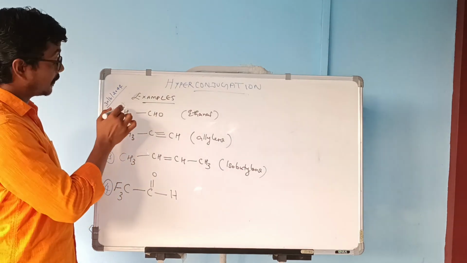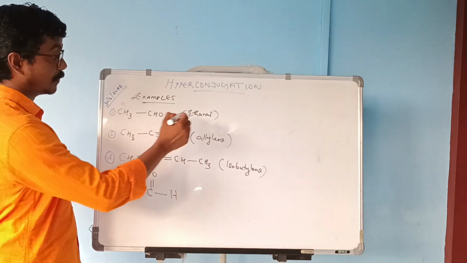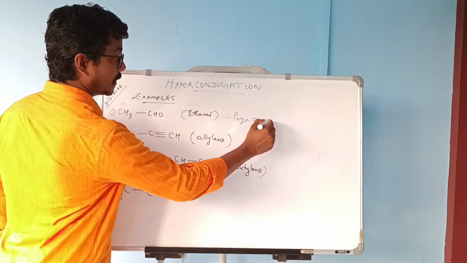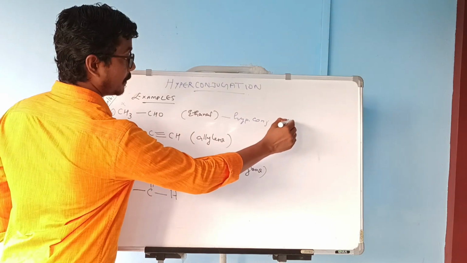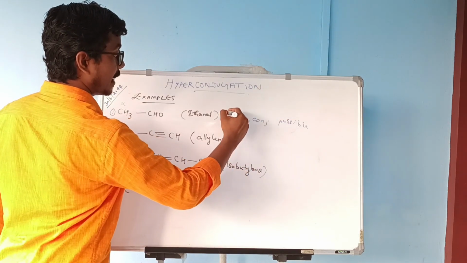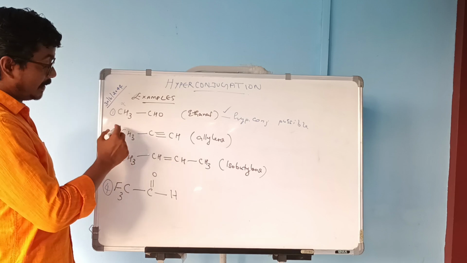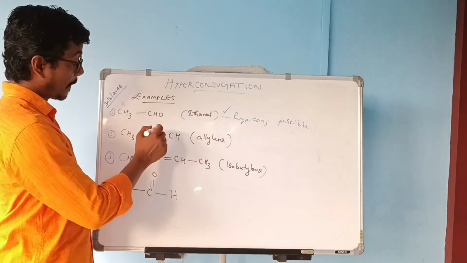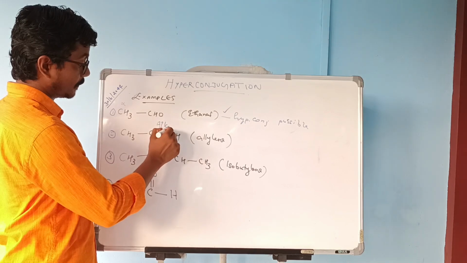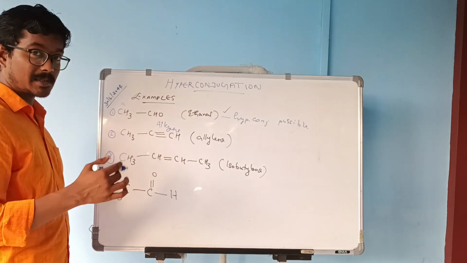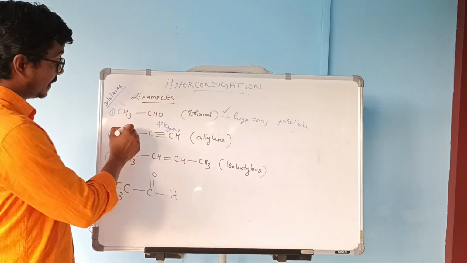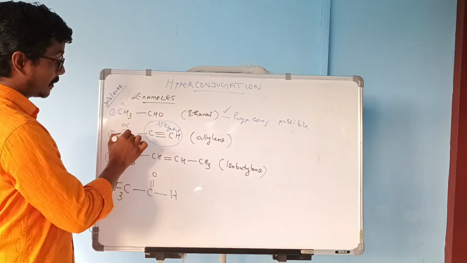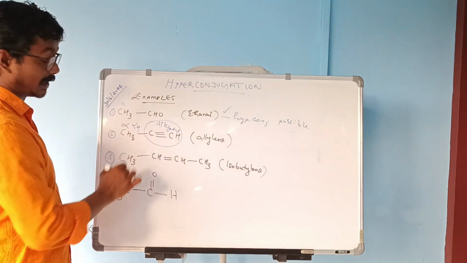So here an alpha carbon is there and alpha hydrogen is also there. So hyperconjugation is possible. I will tick mark there. In this case, a conjugative system, an alkyne, is there, but alkyne is usually not so significant towards hyperconjugation. But here, the alpha carbon is connected to the functional group and alpha hydrogen is also there.